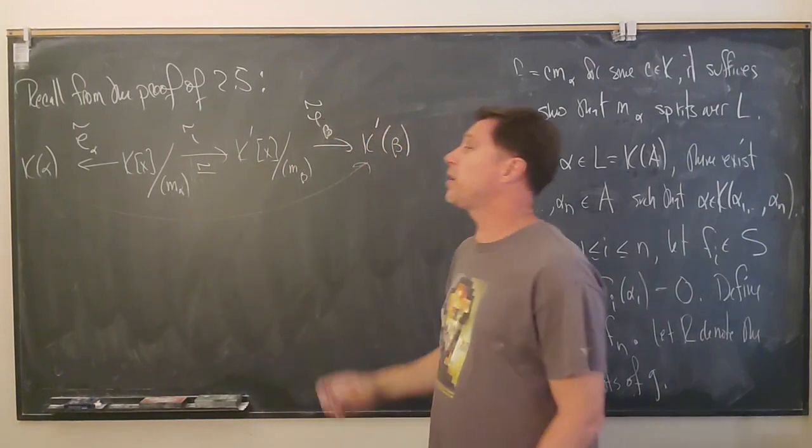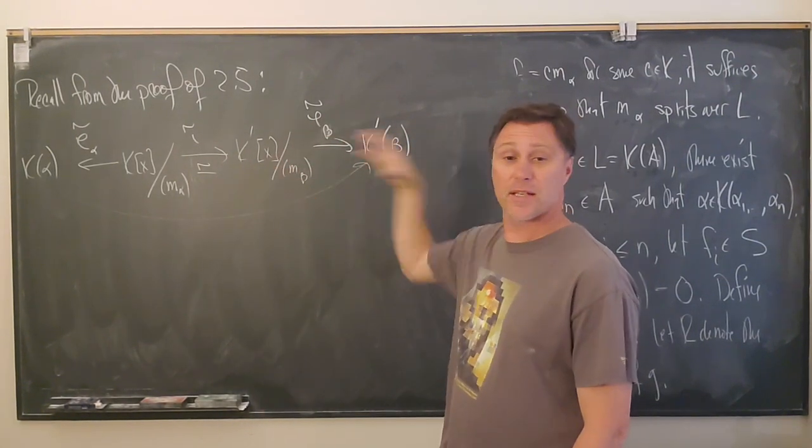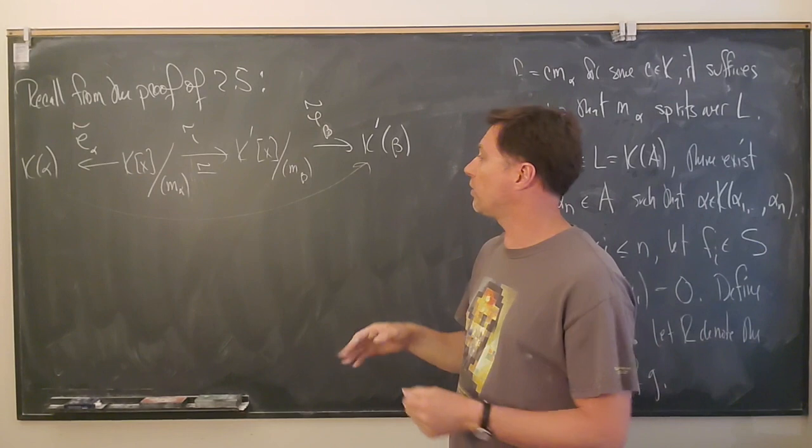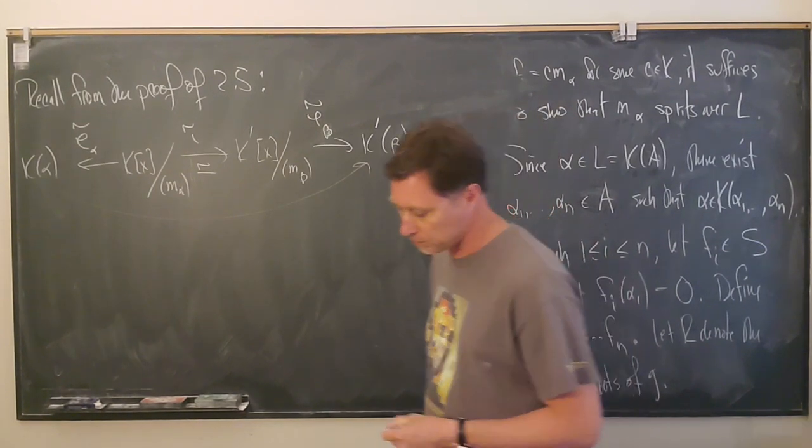Now, it was really a monomorphism from K into some L, but then we looked at the image of that and called that K prime.